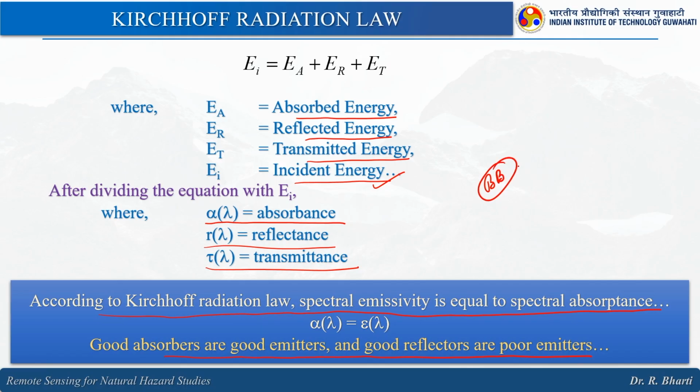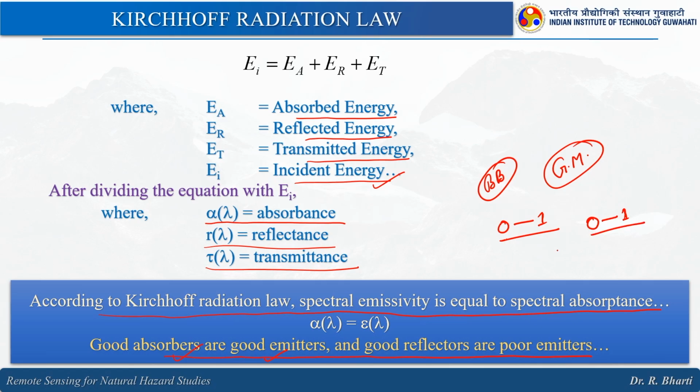Black bodies are good absorbers, so they are good emitters also, but the other material present on the surface of the earth, which we call grey material, is neither a good reflector nor a good absorber. So, our emissivity value will always be below 1 and the reflectance is also below 1.